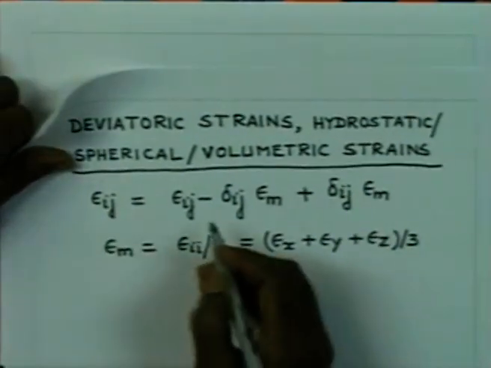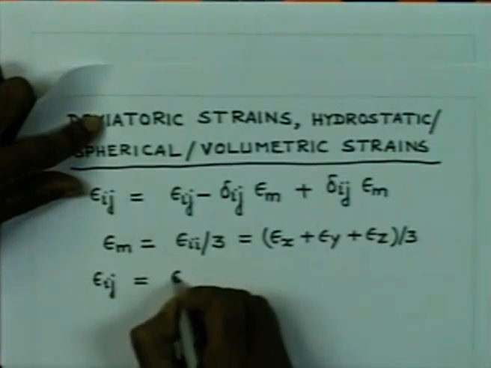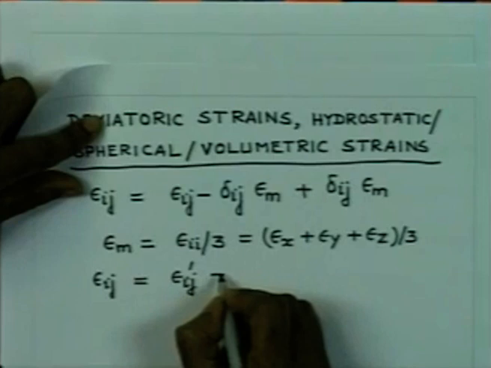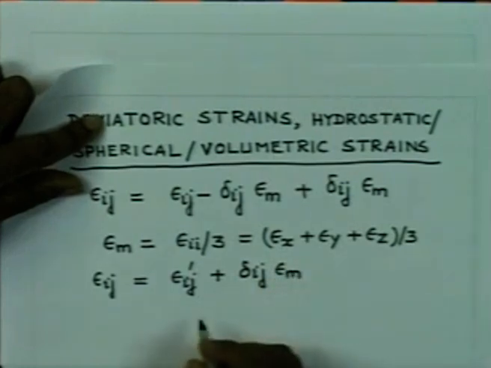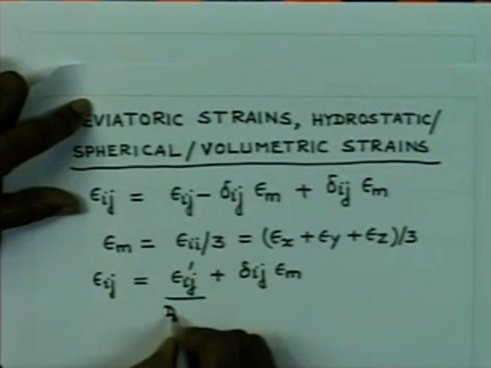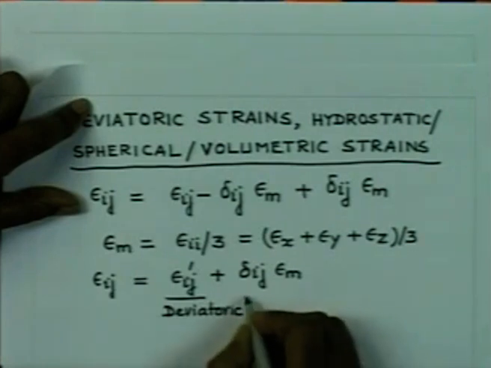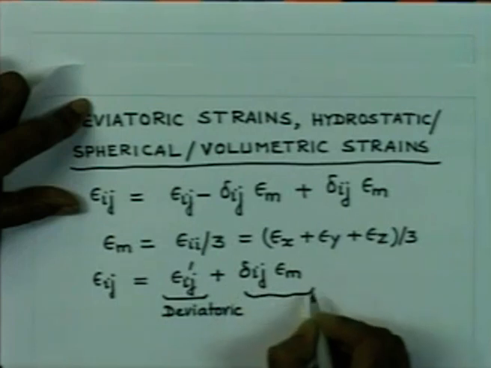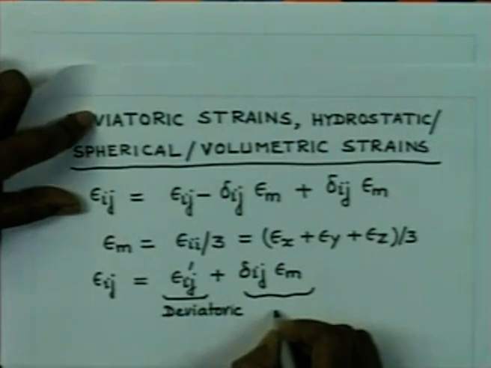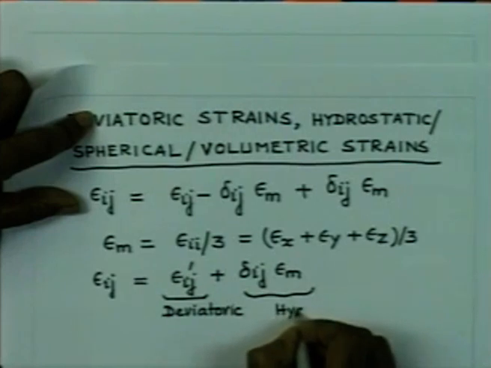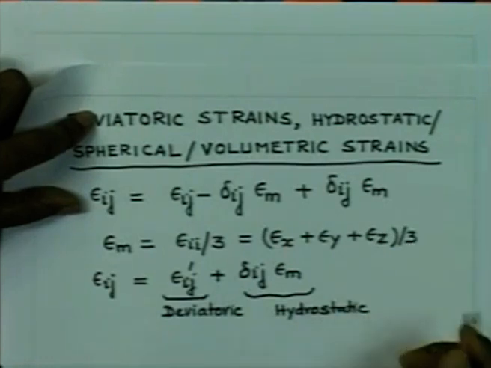And we can represent epsilon ij in this form, epsilon ij dash plus delta ij epsilon m, wherein this is known as the deviatoric strain tensor, and this one is known as the volumetric or hydrostatic or spherical strain tensor.